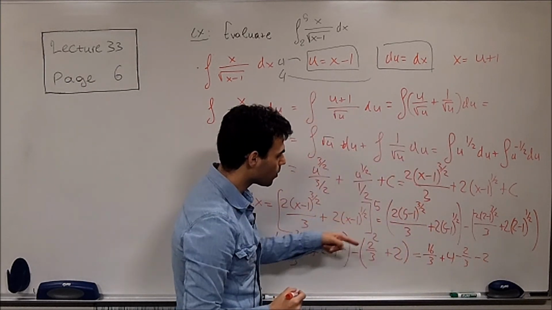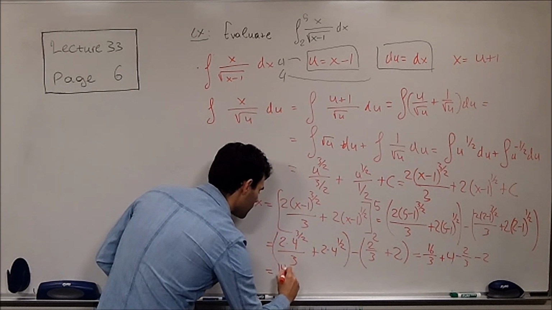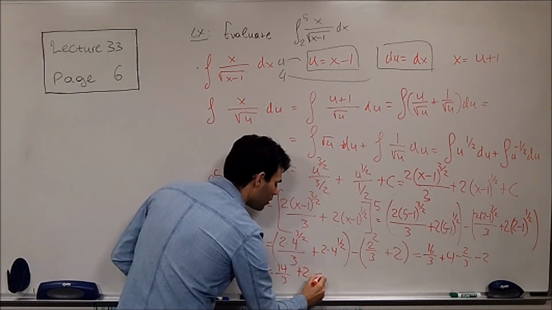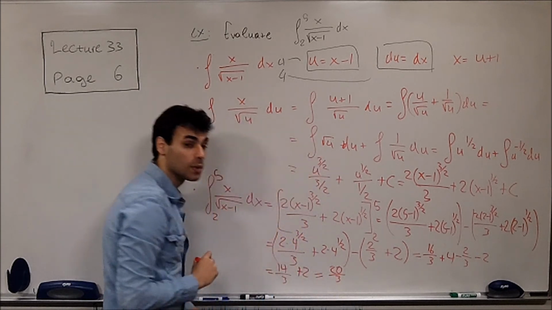So you got 14/3, and 4 minus 2 gives you plus 2. So total 20/3, because 2 is equal to 6/3.